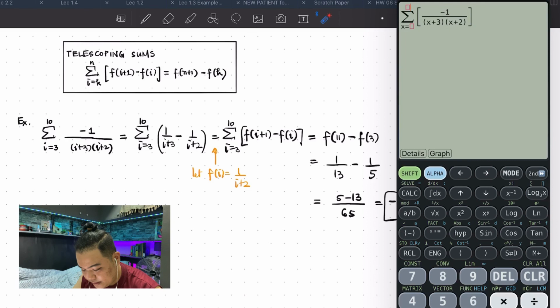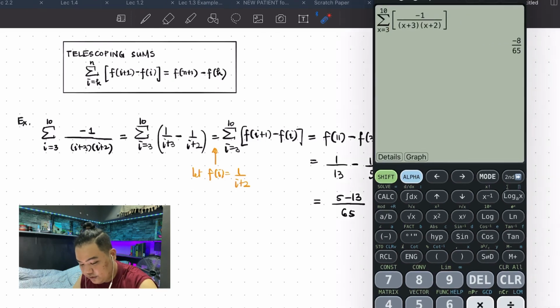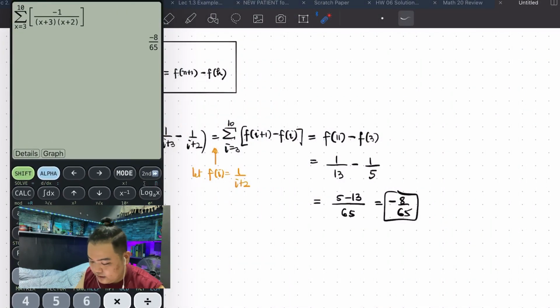Oops, ano ba yan? 3 hanggang 10. Okay. Pag pinraction, negative 8 over 65 ang lumabas. Ayan, negative 8 over 65 ang lumabas, which is pareha lang nito.